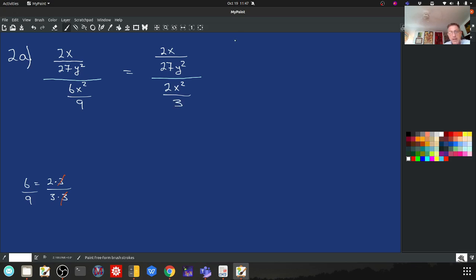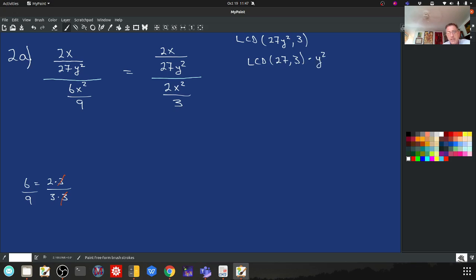Now we want to find the LCD of our denominators in the numerator fraction and the denominator fraction. So we want to find the LCD of 27y squared and 3. Since y doesn't appear over here, this is just the same as the LCD of 27 and 3 times y squared.